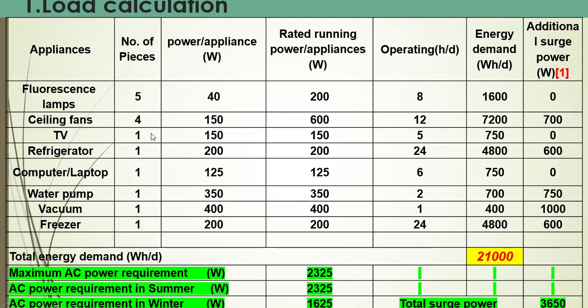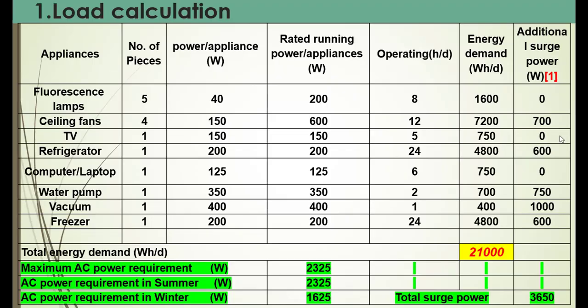As we know, the motorized appliances such as the refrigerator, water pump, vacuum, or freezer must have enough starting current, which is called surge current or surge power, for a very short time, maybe continuing for 15 seconds, 20 seconds, or even 30 seconds.